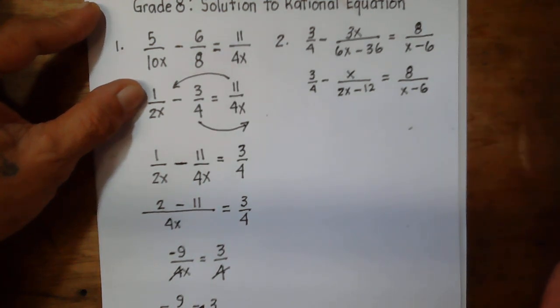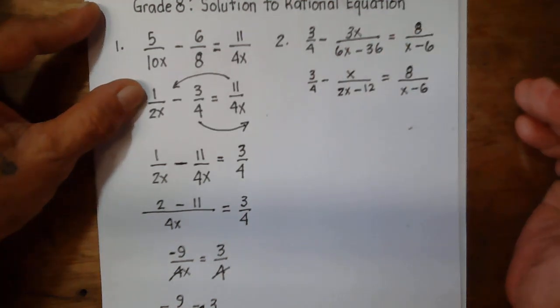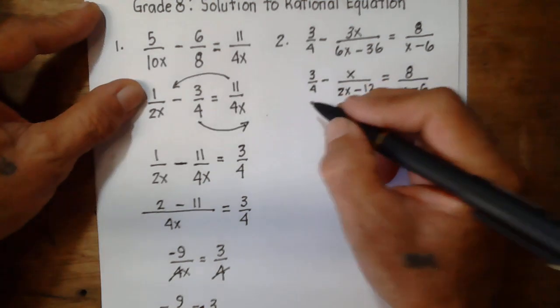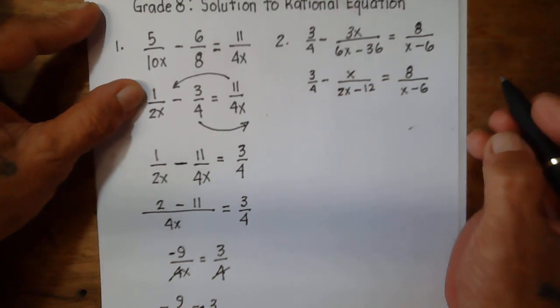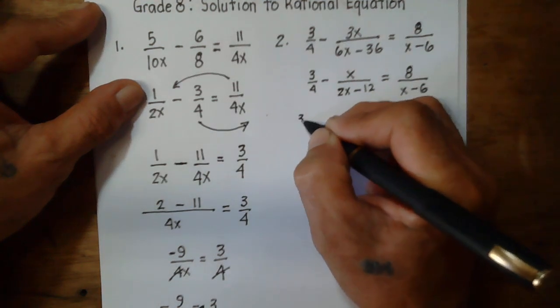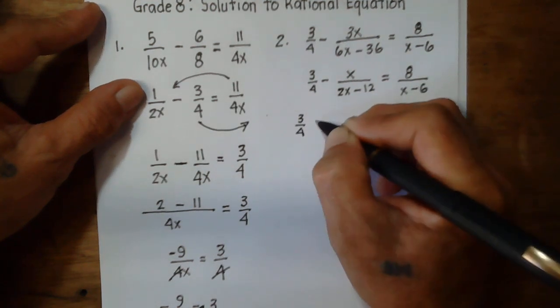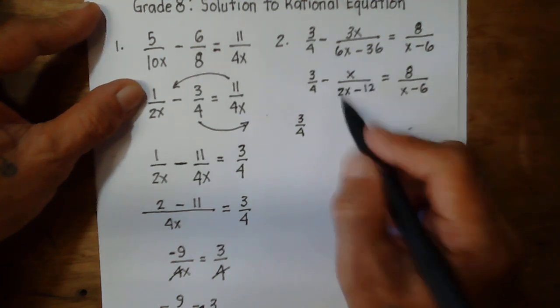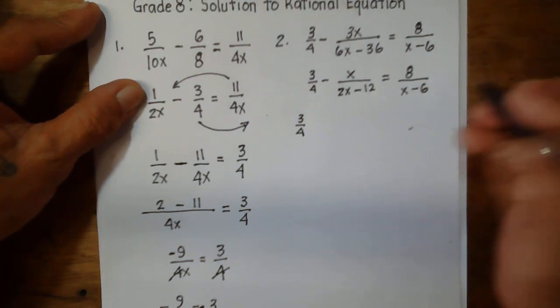Okay, so since we are finding the value of x, again, we need to combine terms that contain the variable. So we have 3/4. Now we need to bring this term into the right side of the equation.